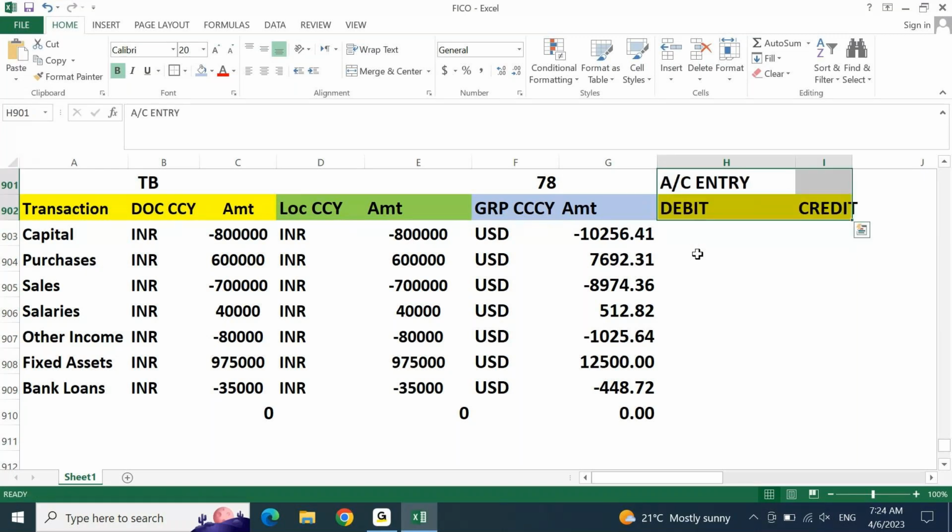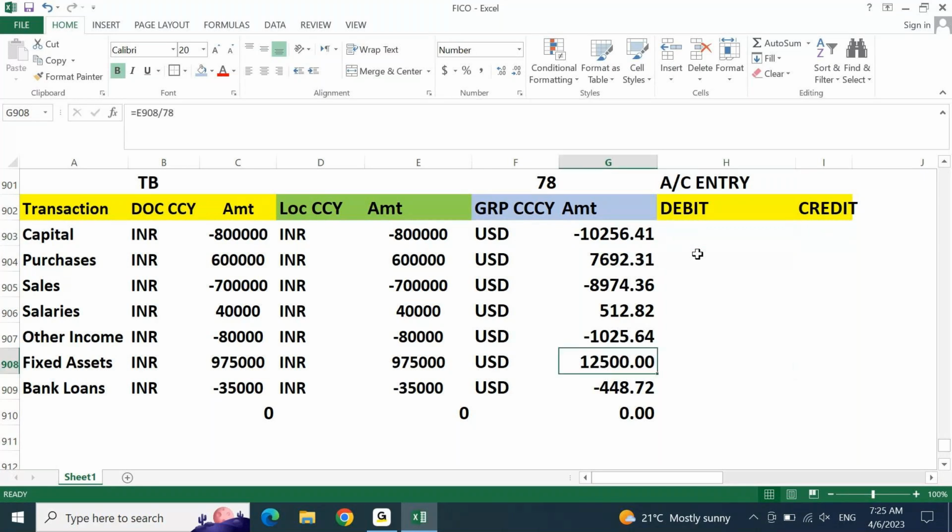Okay, what accounting entry will you be writing? First, you have to look at the transaction. What is the first transaction? Capital. Now look at the capital value. Is this positive or negative? Negative value. Negative means debit or credit?